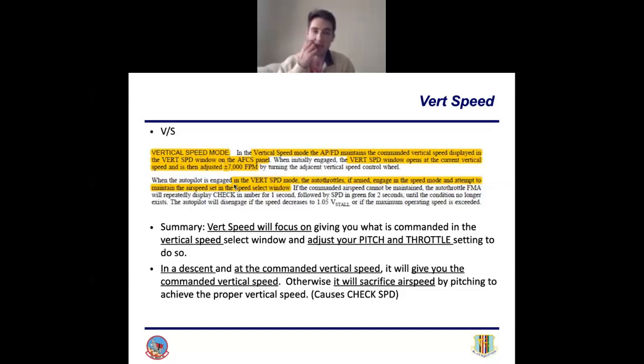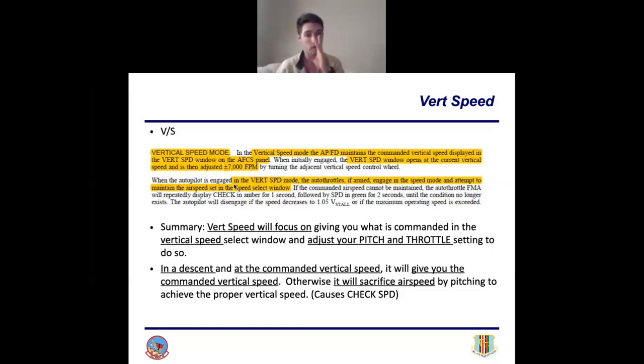So in a descent at a commanded vertical speed, if you ask the airplane to give you a really heavy descent, even with the throttles at idle, if that's too heavy of a descent, it's not going to protect your speed. So you might get a check speed now because the airplane's speeding up past what you've asked it to be at, because it's like, I need to go faster if you want me to give you the vertical speed you've asked for.